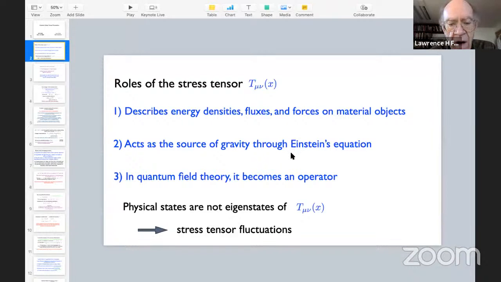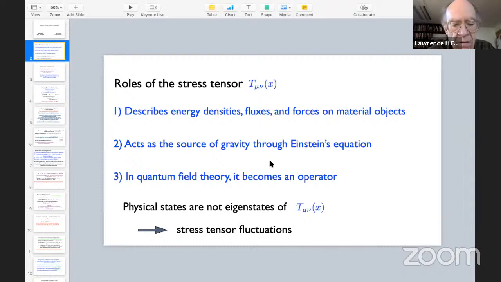But in gravity, we're especially interested in this because the stress tensor T mu nu sits on the right-hand side of Einstein's field equations, and it acts as the source of gravity. So it is the analog of the current density in electromagnetism, just as the current density is the source for the electromagnetic field, the stress tensor is the source for the gravitational field.